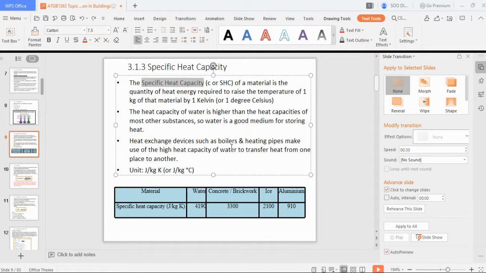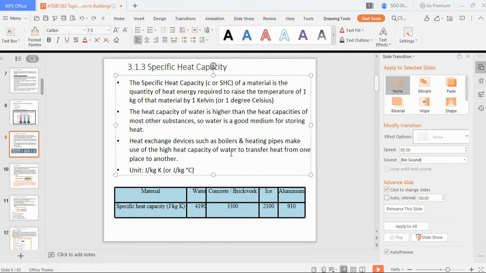Higher heat capacity means it is a very good medium for storing heat. So you want a high heat capacity for a medium such as a boiler or a heating pipe, so that the material can hold more heat energy and transfer this heat energy to another material.